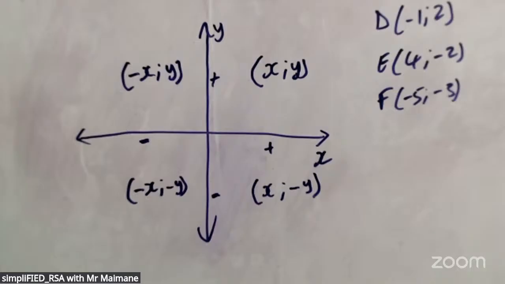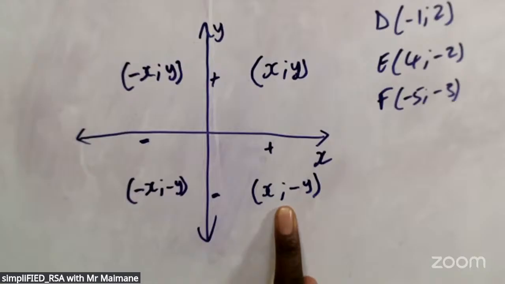So where would we draft the first point, D? Look, fourth quadrant, x is positive, y is negative.